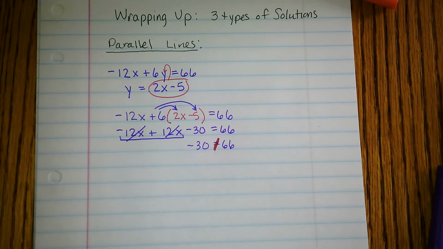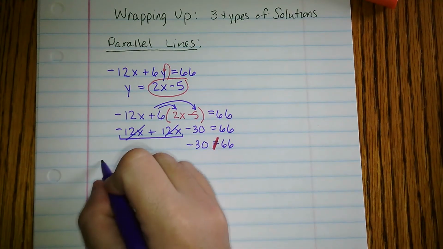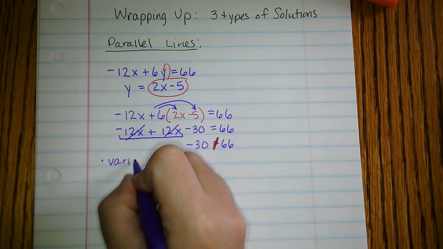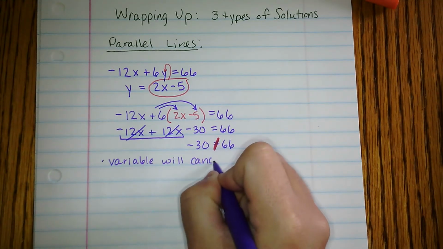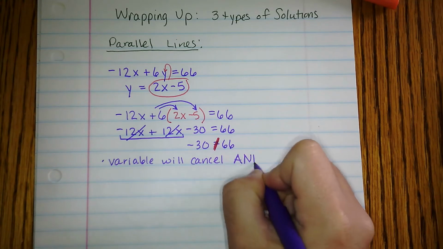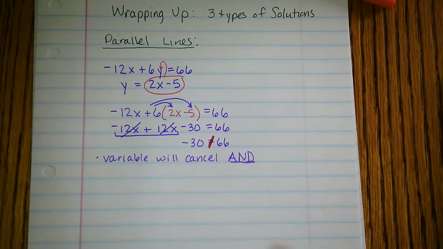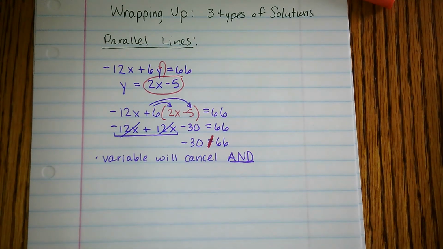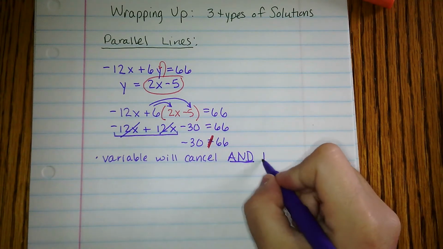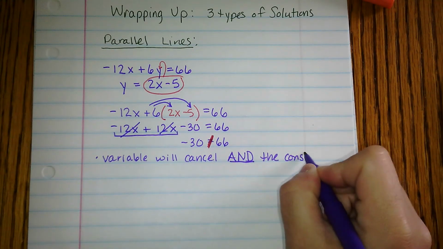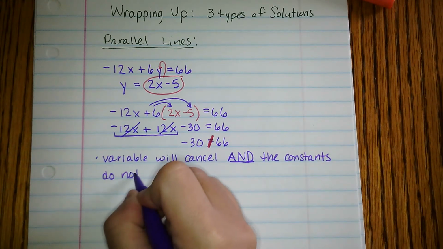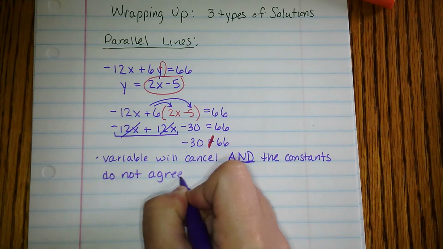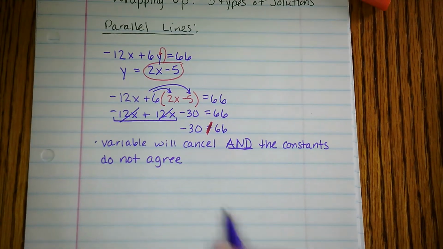As soon as your variables cancel, and the constants don't match, they do not agree, negative 30 does not equal 66.